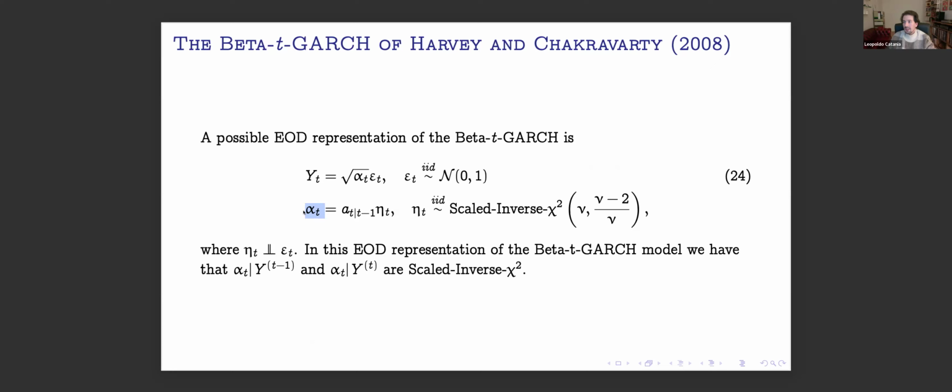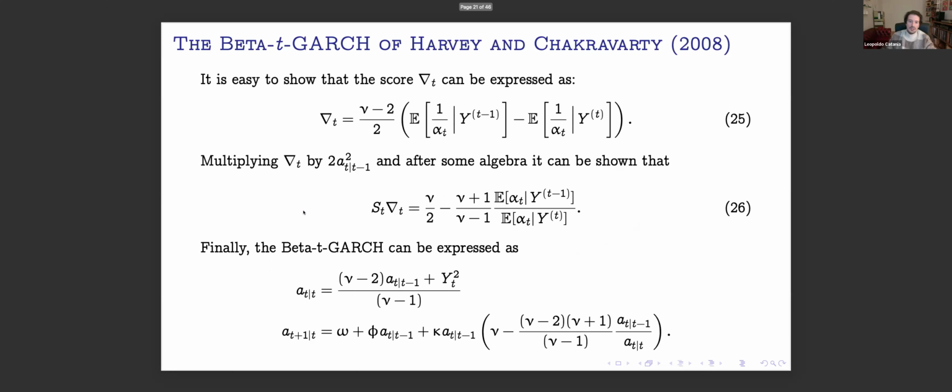And these are going to be scale inverse chi-square, exactly as before. And now playing with the properties of the scale inverse chi-square, we obtain the filtered mean of alpha_t. And what we can do is to represent the beta-t-GARCH recursion as a function of the filtered and the predicted mean of the state variable.